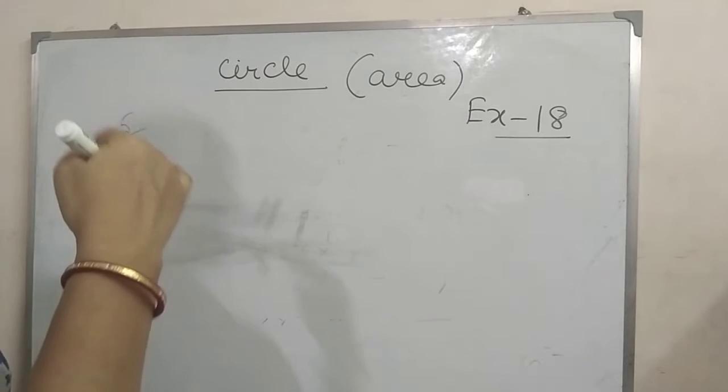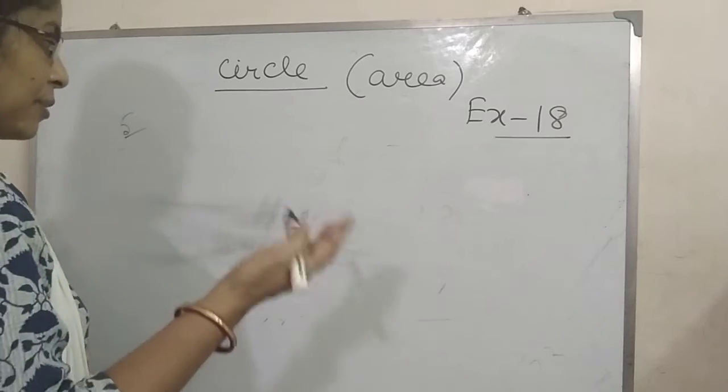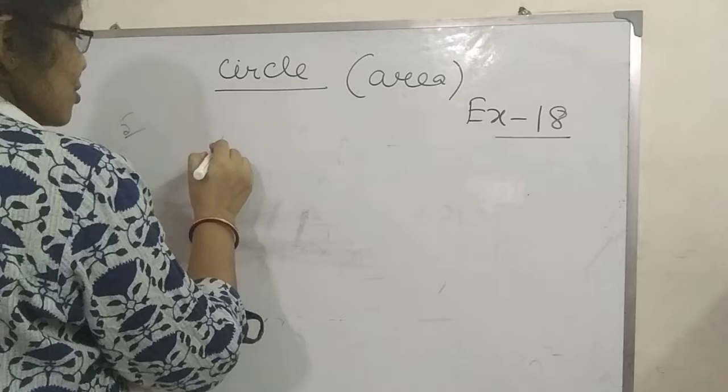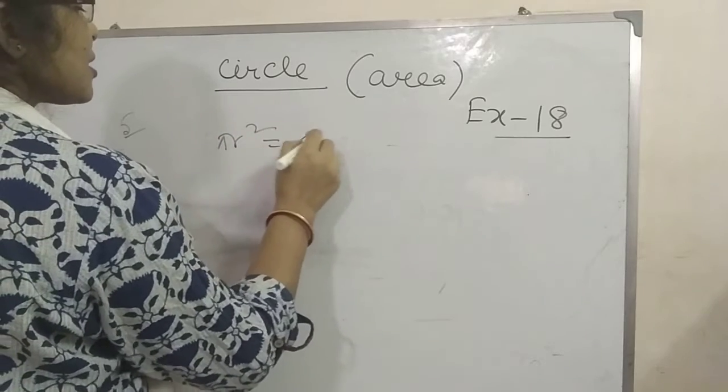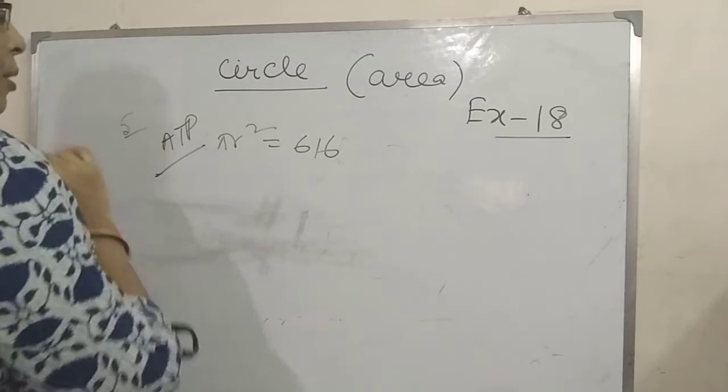That is, we have the area of the field. If r is the radius, then pi r square equals 616. This is according to the problem.